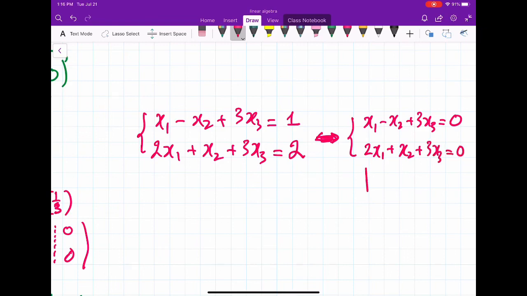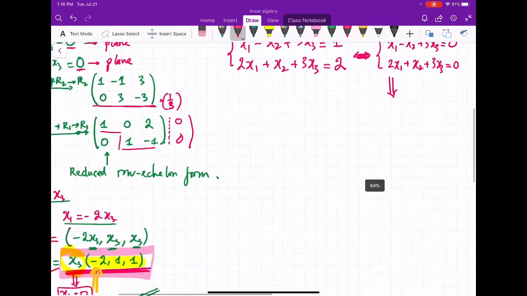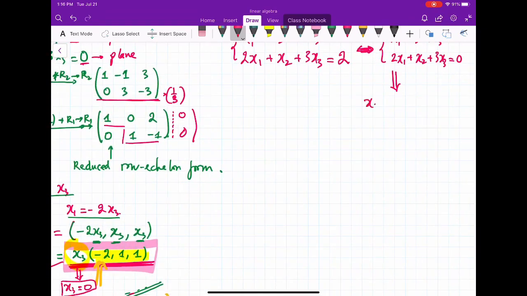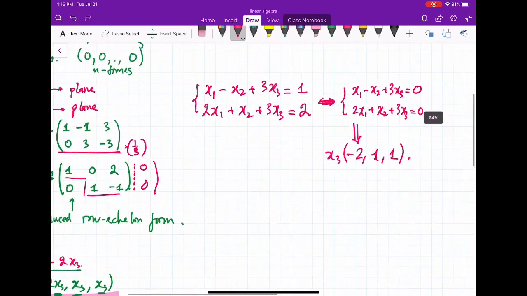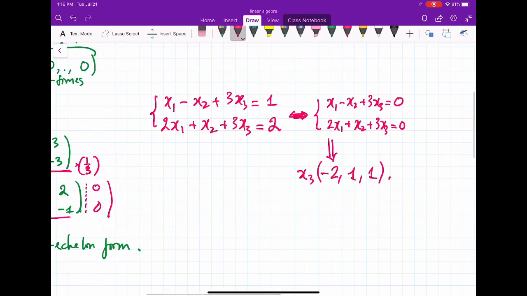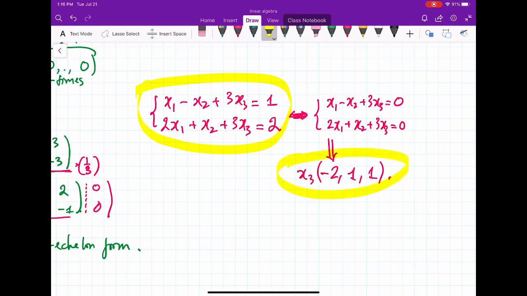And we know this system has solution x3 times negative 2, 1, and 1, right? Okay, so how do you think? Can we find the general solutions of this system from this? Is it possible or not?